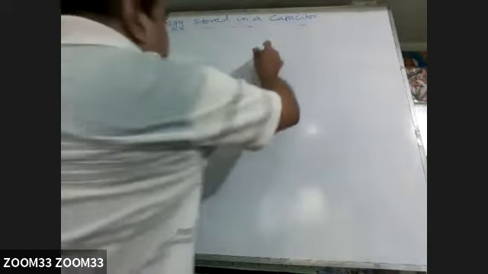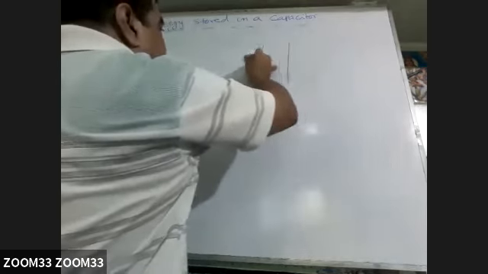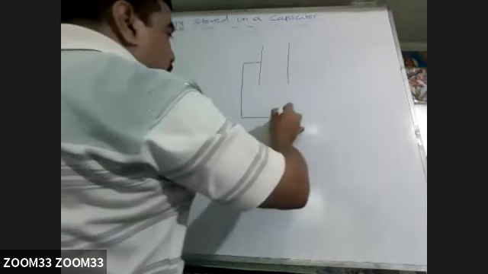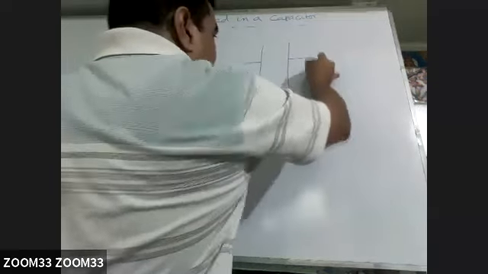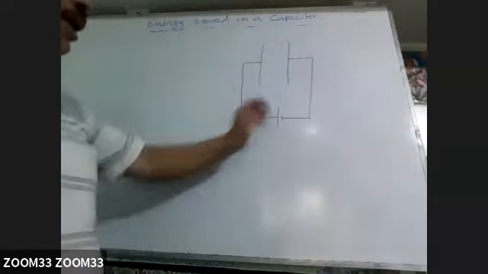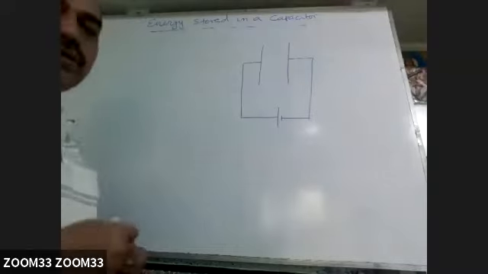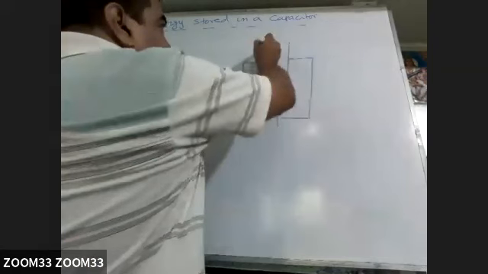So suppose this is a capacitor, and it is connected to a source. When we connect this source, slowly it will start gaining charge.